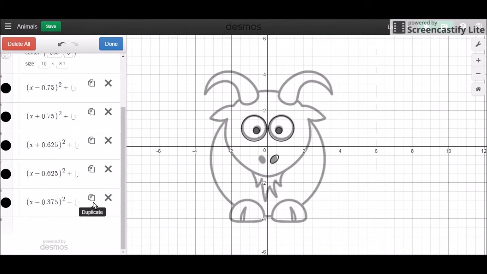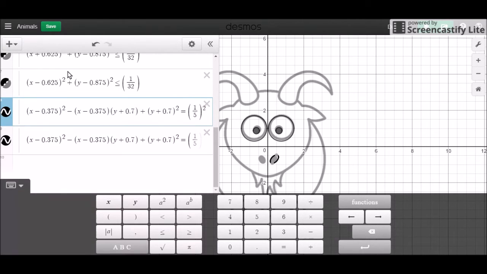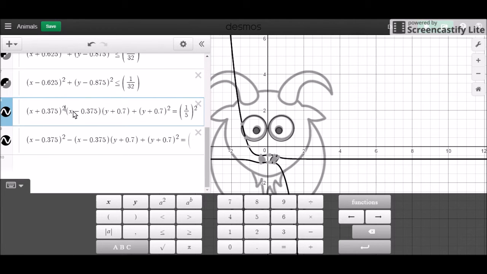And then we just do the same thing to the other side, but instead of minus 0.375, now we'll have a plus, and instead of a minus here, we'll have a plus.